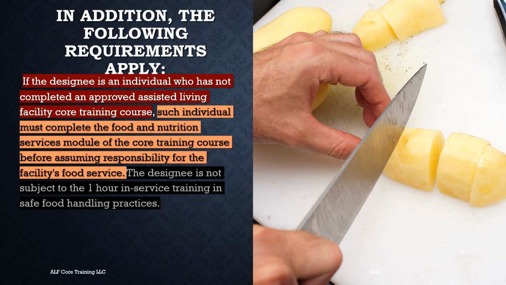If the designee is an individual who has not completed an approved assisted living facility core training course, such individual must complete the food and nutrition services module of the core training course before assuming responsibility for the facility's food service. The designee is not subject to the 1 hour in-service training in safe food handling practice.